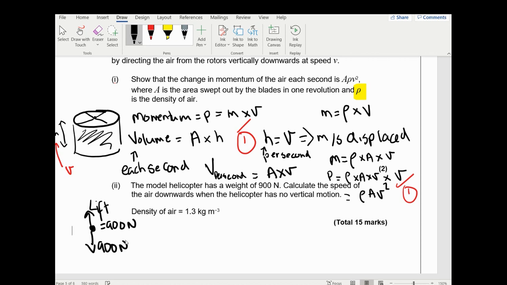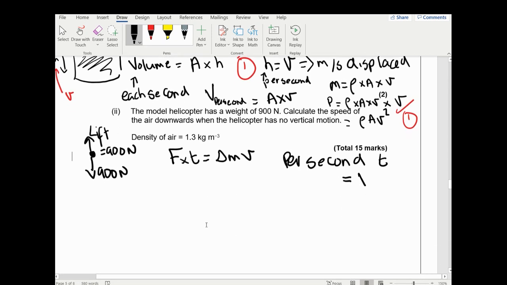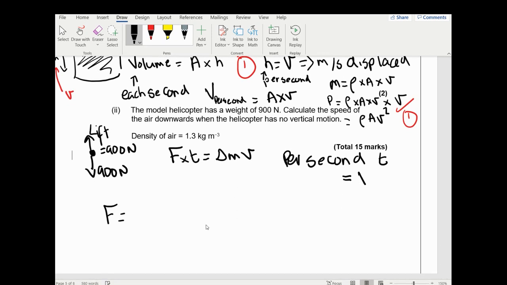And this comes back to the idea that force times time equals the change in momentum, impulse. And because we are looking at per second, t equals 1. So F equals mv, or momentum. So F equals rho A v squared.